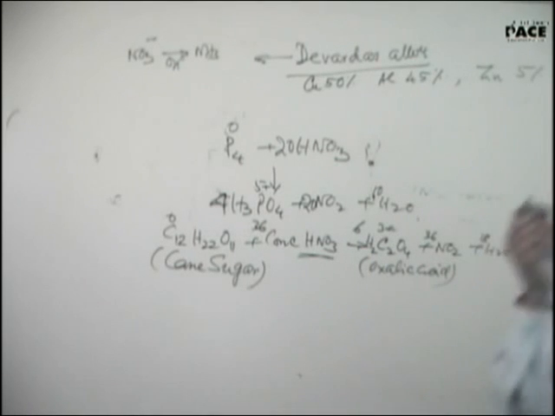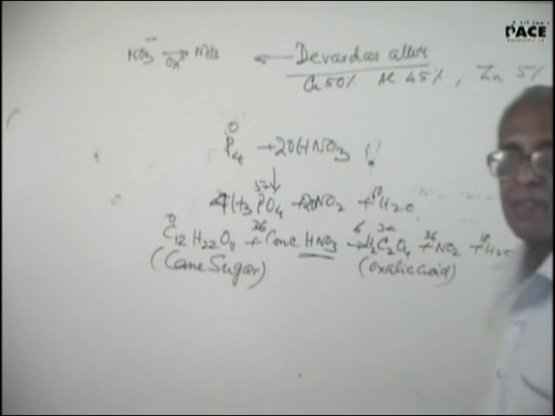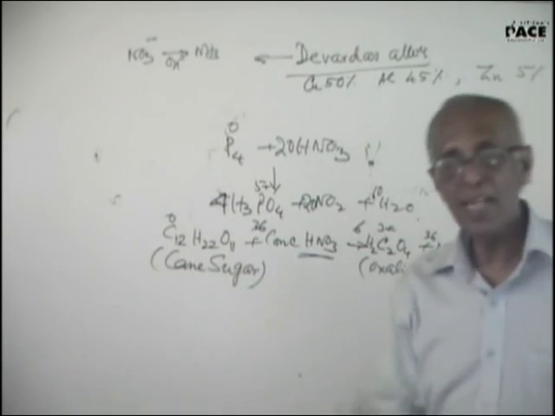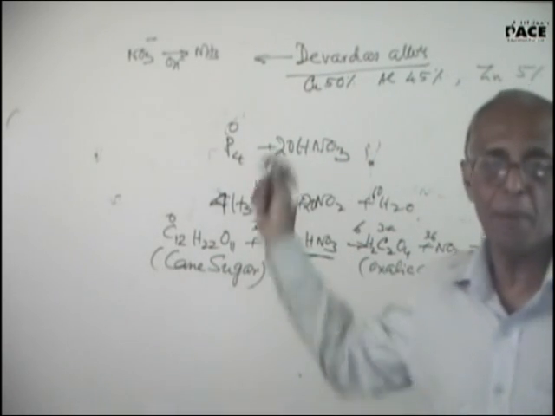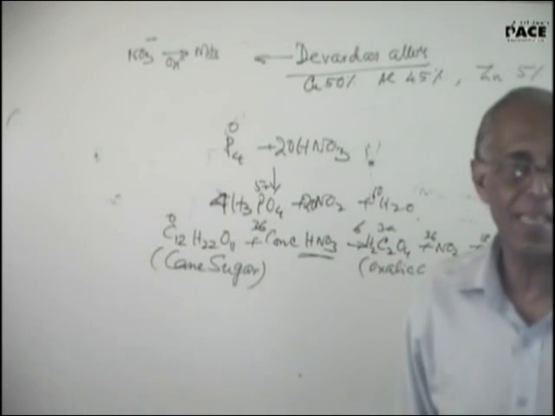If you take Devarda's alloy and add alkali and put nitrate on and boil, you get ammonia gas. So the nitrate ion can be converted to ammonia by Devarda's alloy in alkaline condition.